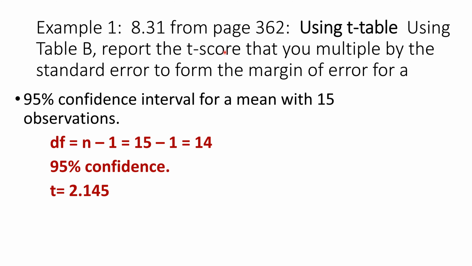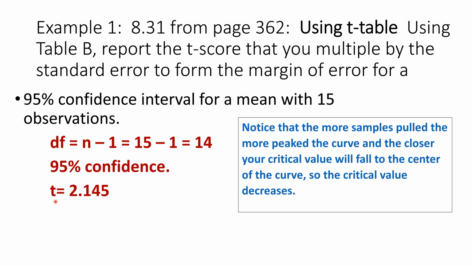Using the t-table, which is Table B from your textbook, we have the t value equal to 2.145. Notice that the more samples we collect from the population, the more peaked the curve, and the closer your critical value will fall to the center of the curve. So the critical value will decrease.